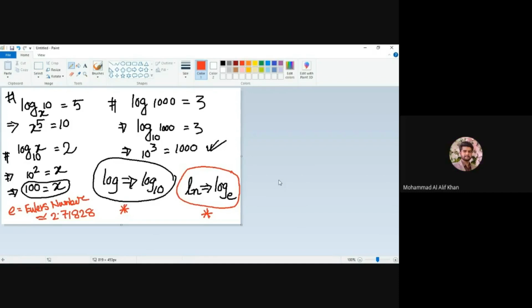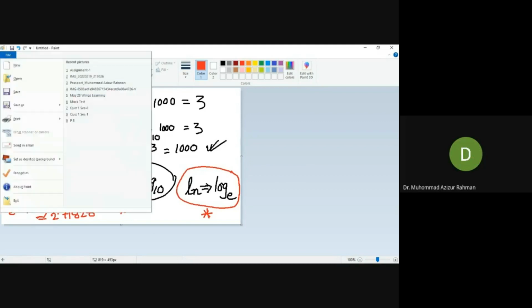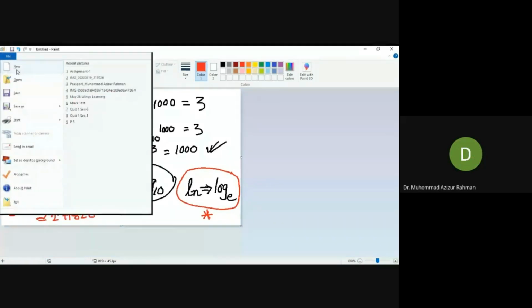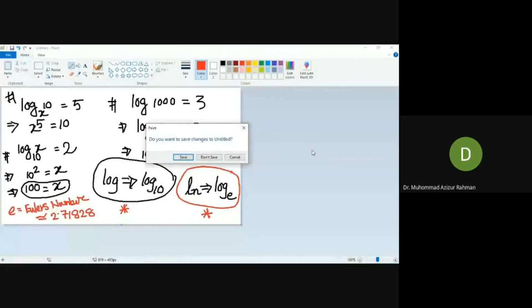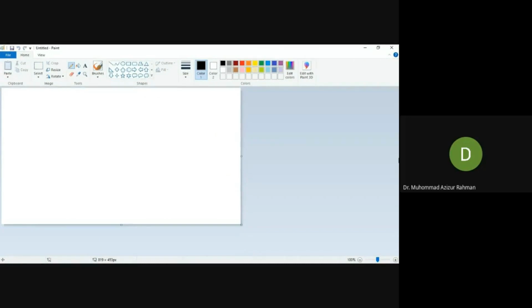So ln means log base e. You must remember ln x means log e x.